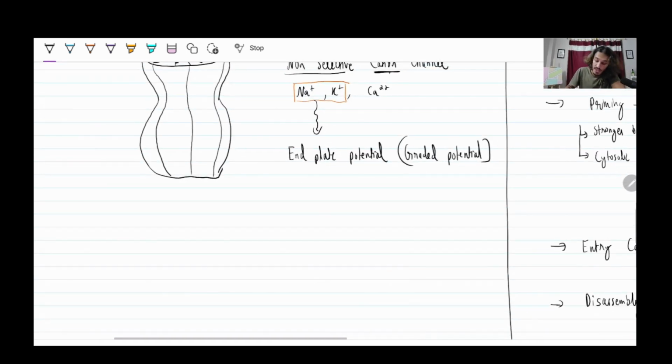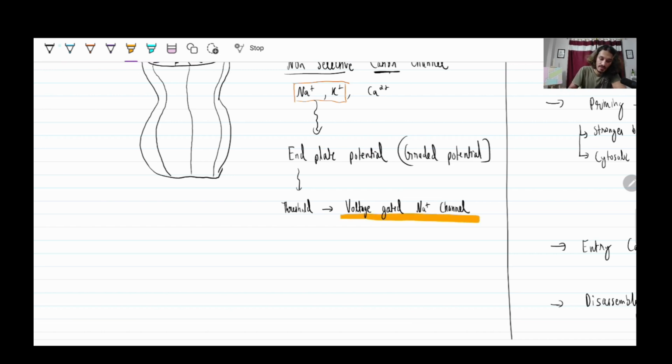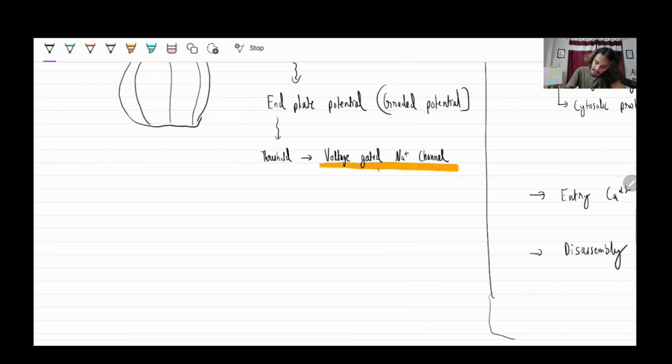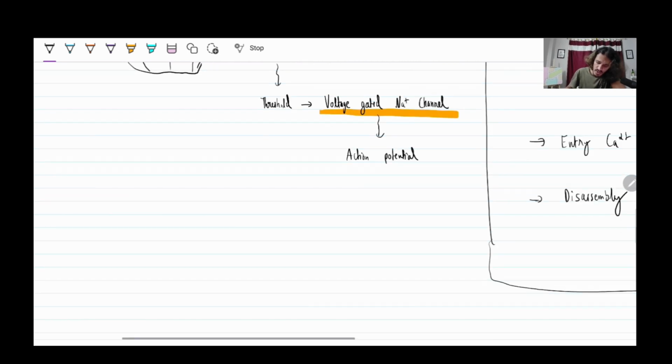Okay, so end plate potential, once it reaches the threshold, results in activation of voltage gated sodium channels. So we have a voltage gated sodium channel opening up, that will result in your action potential. How does this action potential look? Just like your normal spike potential.